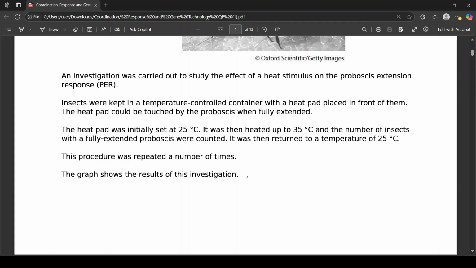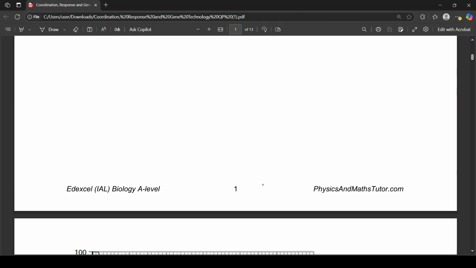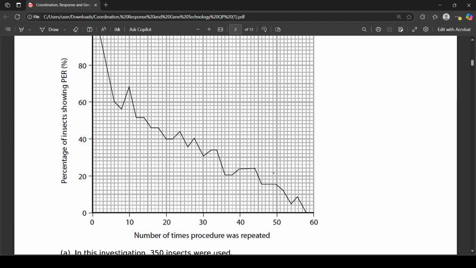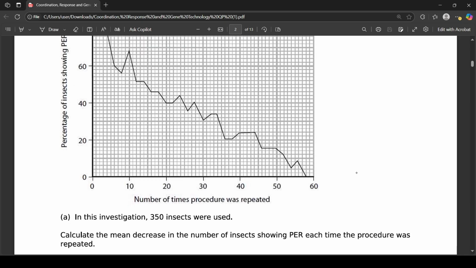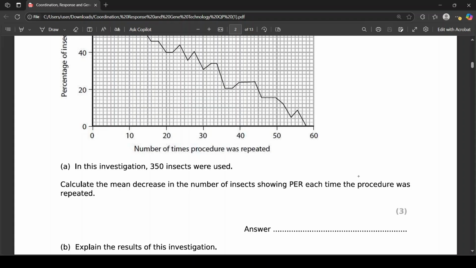So what kind of questions do we often come up from the experiments and investigation? Let's see. The graph here shows the results of this investigation. Here is the graph. So question number 1A says, calculate the mean decrease in the number of insects showing PER each time the procedure was repeated.